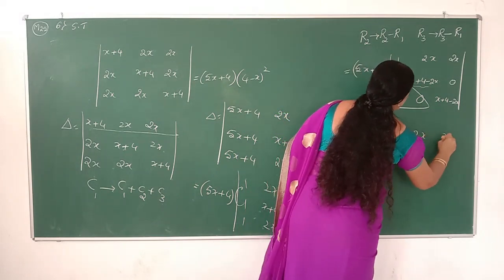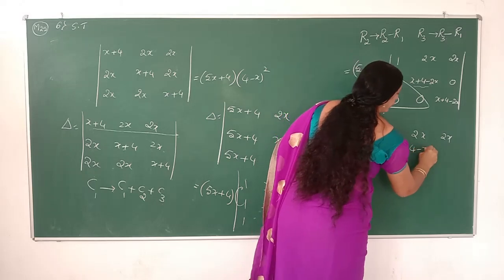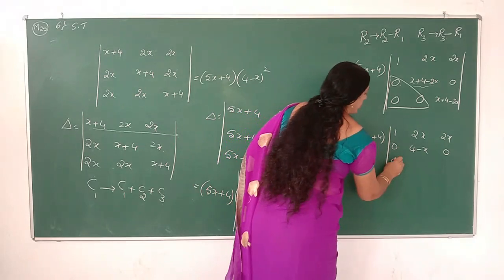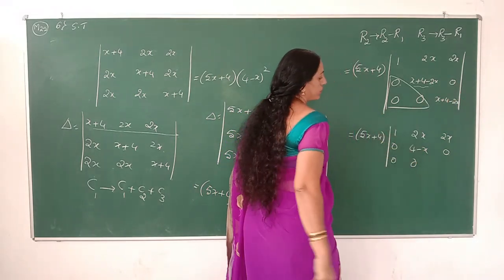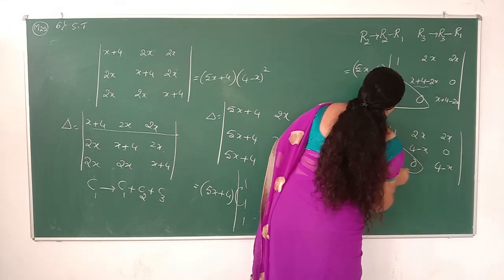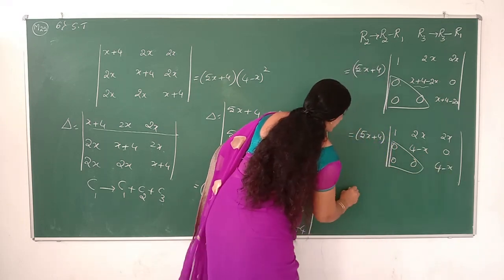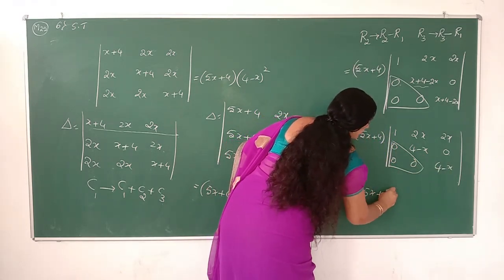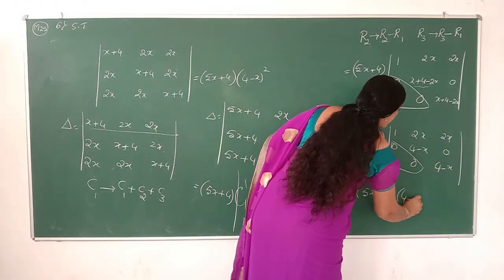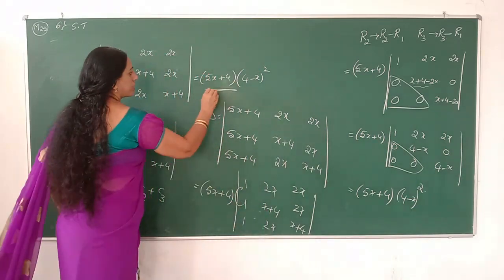The diagonal elements are 1, x plus 4 minus 2x, which is nothing but 4 minus x, and again x plus 4 minus 2x is 4 minus x. So therefore, the diagonal elements are 1, 4 minus x, 4 minus x, that can be written as 5x plus 4 times 4 minus x whole square. That is the RHS.